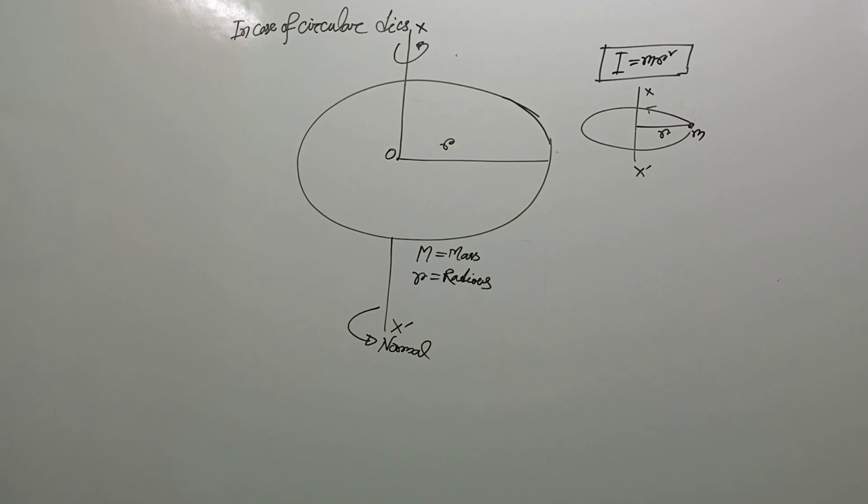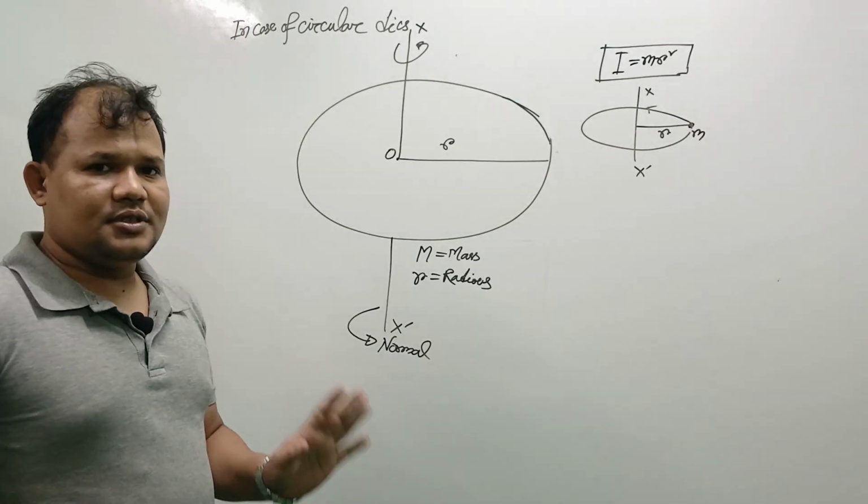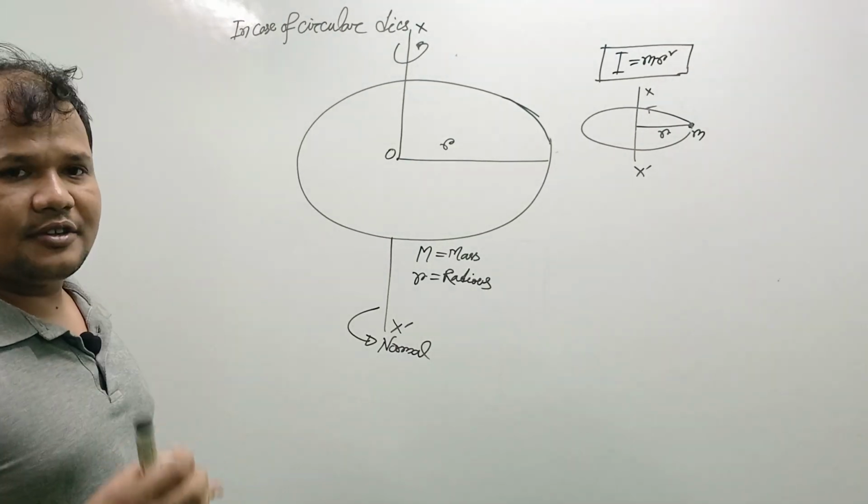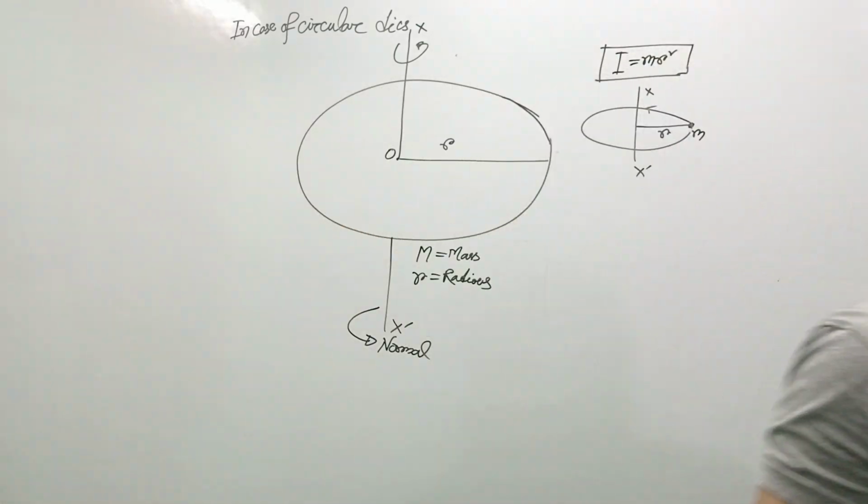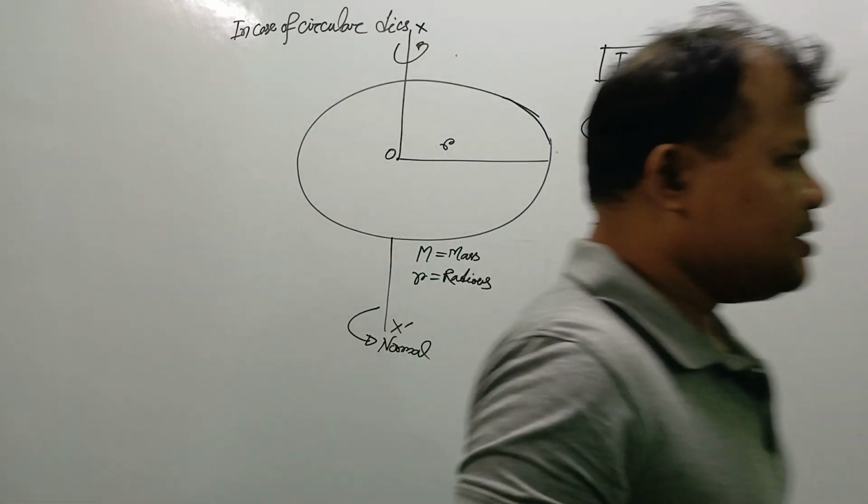Now our concept is, at first we take a very small section or very small part of this circular disc. How do we find this?